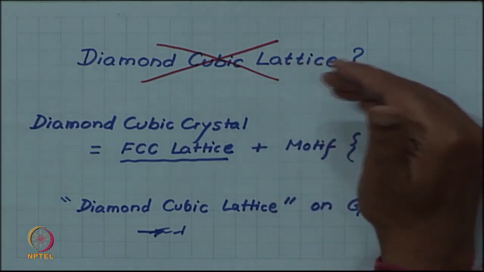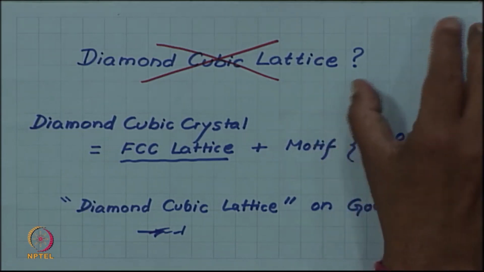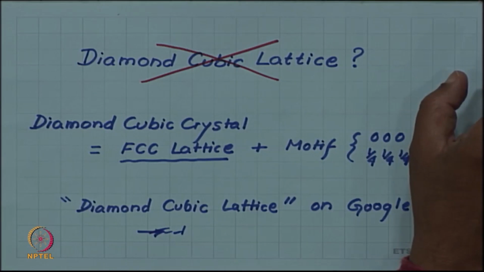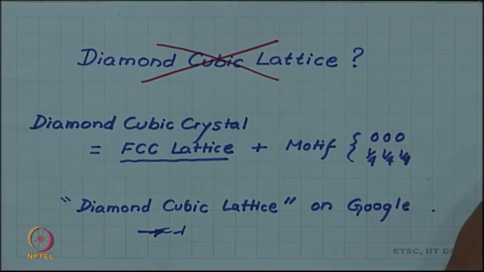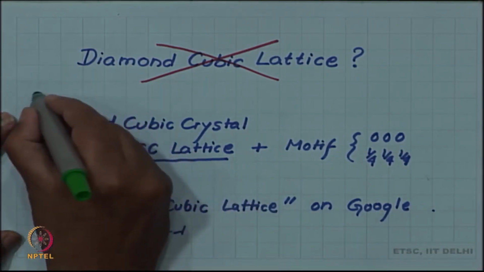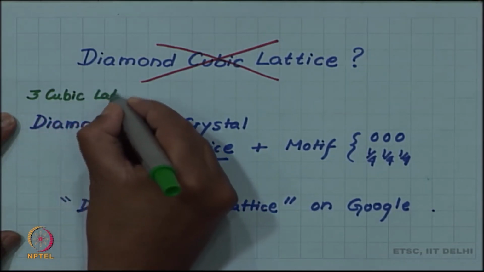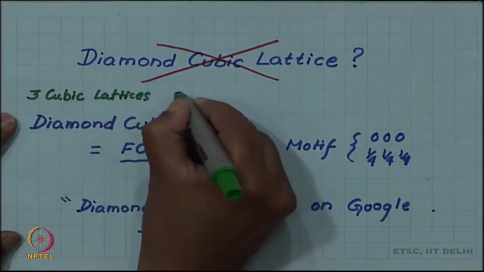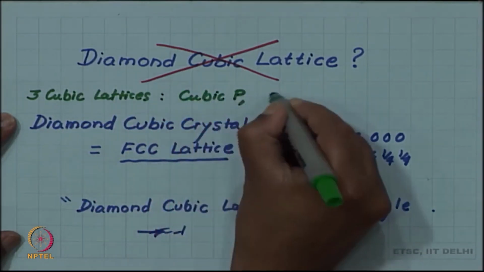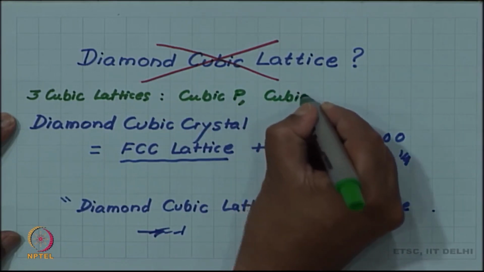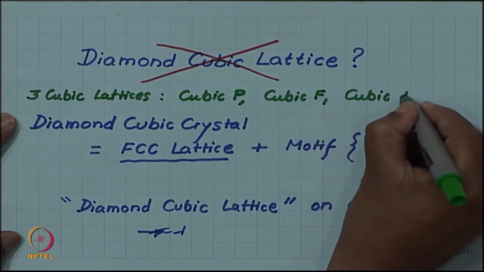We have already met 14 Bravais lattices. Out of those 14 Bravais lattices, there are only 3 cubic lattices. You may recall that the 3 cubic lattices are cubic P, simple cubic, cubic F, face centered cubic, and cubic I, the body centered cubic.